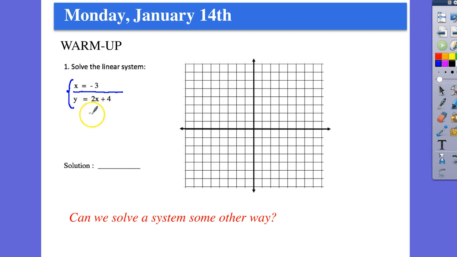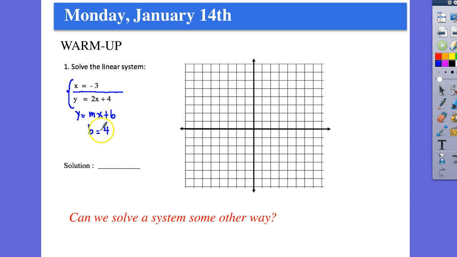One way to graph a line is by using the y-intercept and the slope. When your equation is written in the form y equals mx plus b, or the slope-intercept form, all you have to do is to pull out the b value, which is the number by itself. So in this case, it's 4.